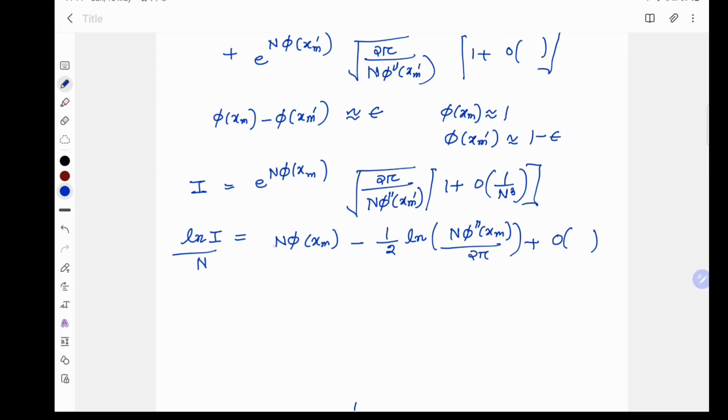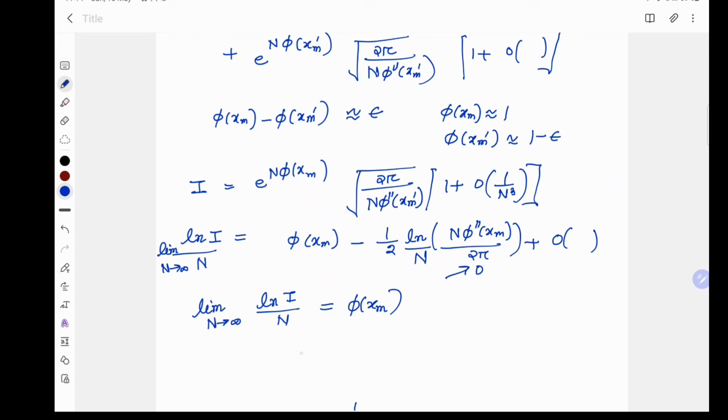So dividing by n and taking the limit n tending to infinity, what we will have? This term will again be 0 in the limit n tending to infinity. So again we have the limit n tending to infinity of log I over n is phi of x_m.